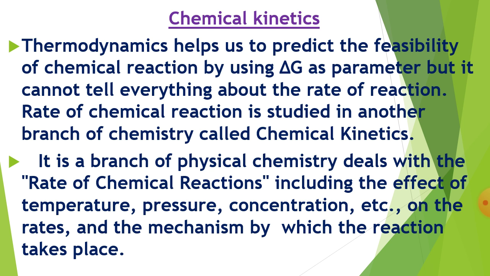Thermodynamics only helps you to find the feasibility of a reaction in terms of delta G. Here one formula I have given you, delta G equal to delta H minus T delta S. Delta H is known as change in enthalpy. It may be exothermic or endothermic. For endothermic, the value of delta H should be positive, and for exothermic reaction, the value of delta H should be negative.